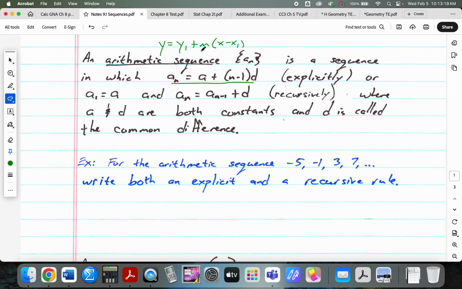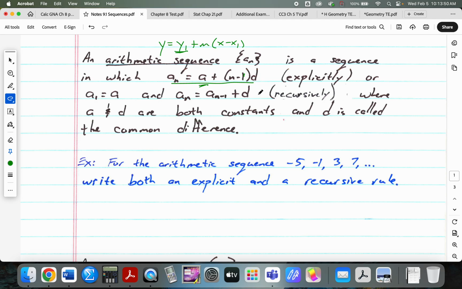I mean, the things that are the same, it gives you a starting value. It gives you where you're starting. Here, we're starting with n is 1, so we're going to start at 0. This tells you we're going to start somewhere different than x1. And then this tells you how much you go up or down each time. That's the common difference. Okay?